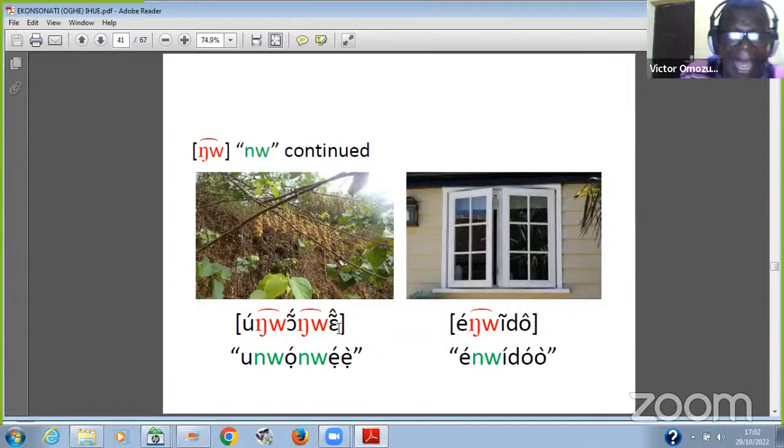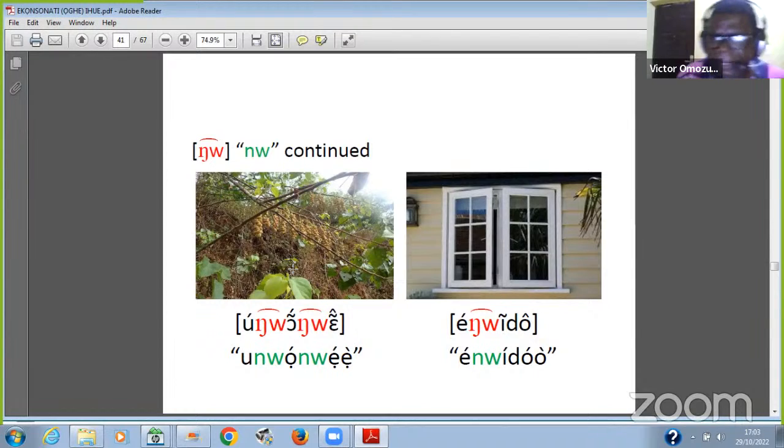Over there, Unwanwe. It's a type of shrub in the bush. Unwanwe. This shrub is what they use in producing hose, the local hose, the stick. They put it because it has a kind of, is it wild shape something there?